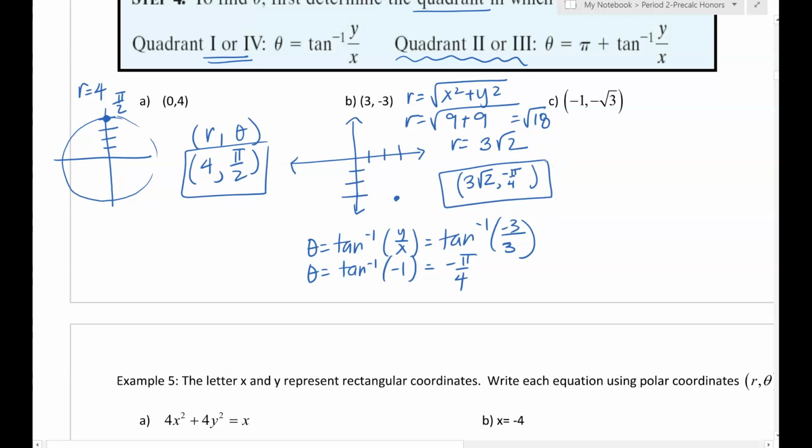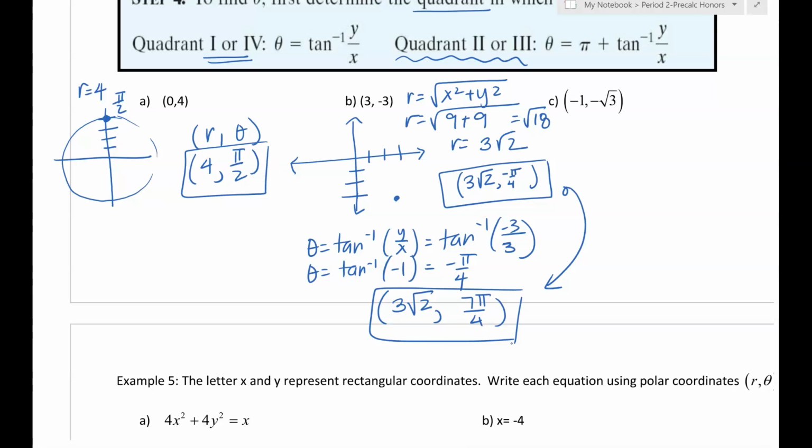Now, would it be okay if you use a positive angle? Of course. Okay, I'm going to write down here. What if we write 3 rad 2 comma 7 pi over 4? Why not? I can totally do that. If I don't choose to go clockwise on my angle, I can go counterclockwise. I would still get to the same exact dot, okay? And you can even get creative, right?